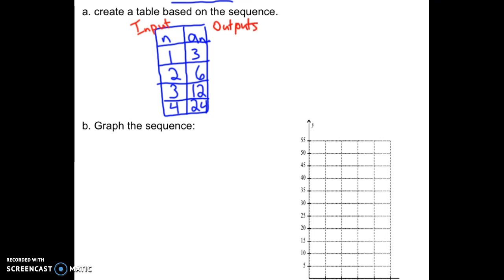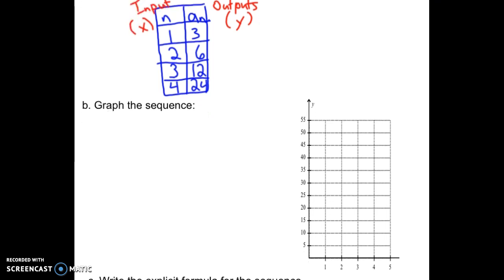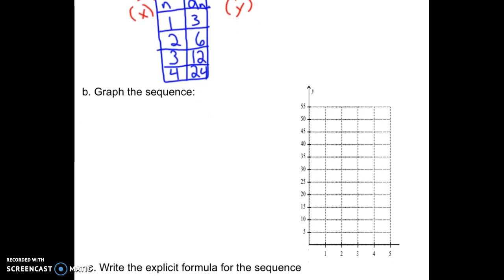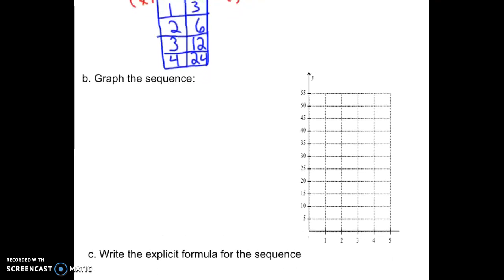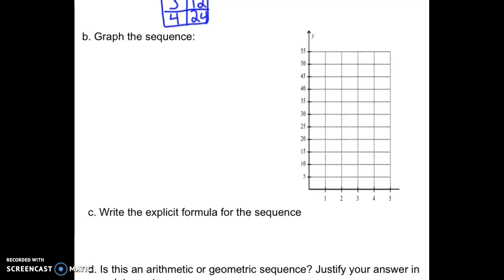Hopefully you remember the input is the x variable, the output is the y variable. So we're just going to draw this on our graph. Inputs and then plotting points of the inputs and outputs. So the first one is 1, 3 is the first coordinate point. So I'm going to go over to 1 on my graph up to roughly 3, which is right about there.